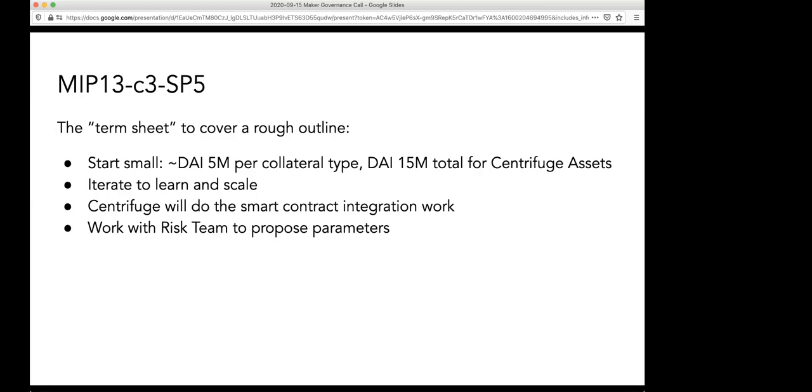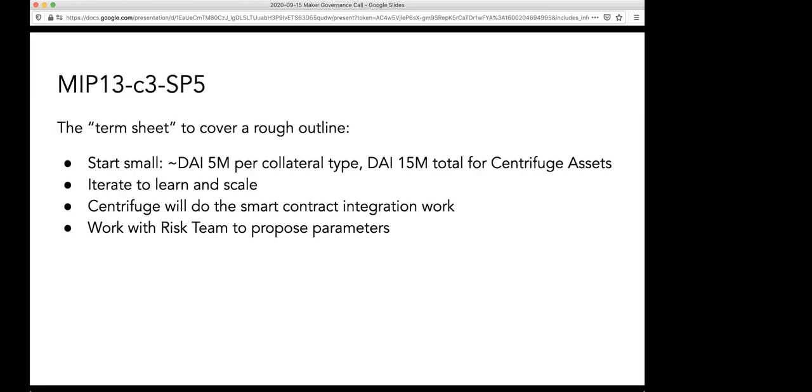A part that really is critical, of course, is the risk parameters of these different collateral types. It would be a clear conflict of interest if Centrifuge would try to come up with that for our asset originators. And so we definitely want to work with the risk team to propose these parameters and make sure that we have an externally validated risk model that the community agrees on, that we can use to move forward.